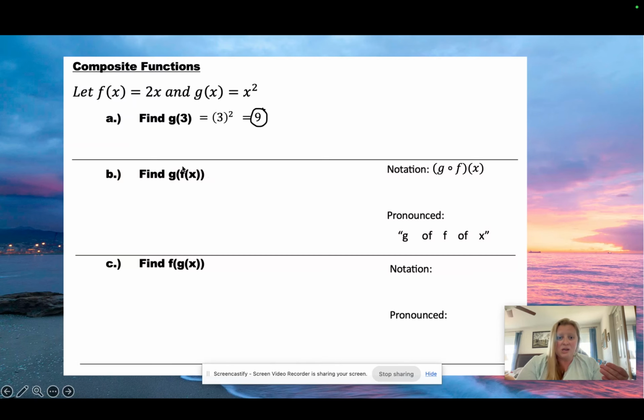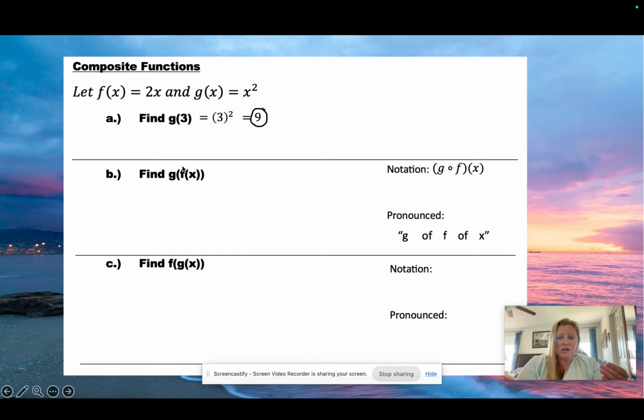G of F of X, and then we would stop. So what that means is you kind of work your way from inside to out. So look on the inner parentheses, okay, we have F of X. You have to replace this with the F of X formula, which is 2x. So it's almost like you're going to swap it out.